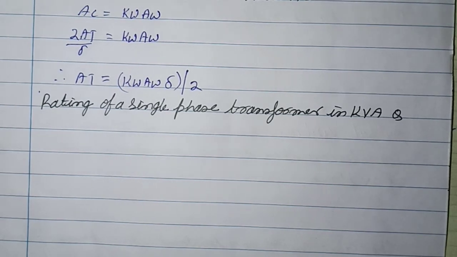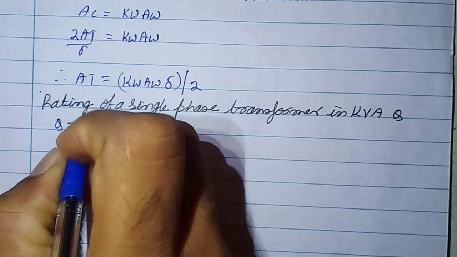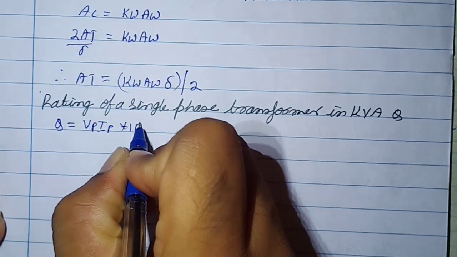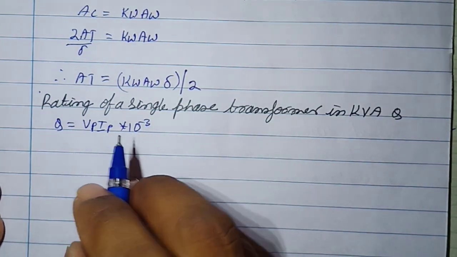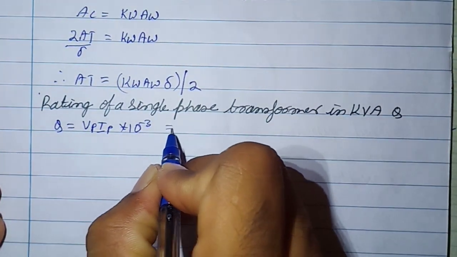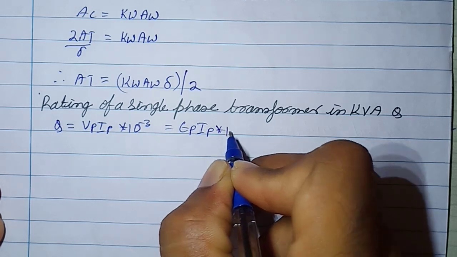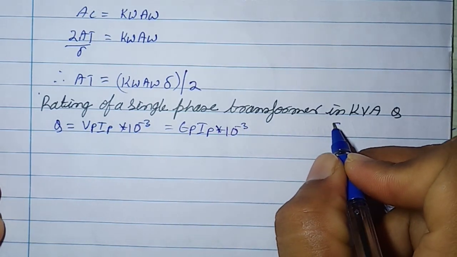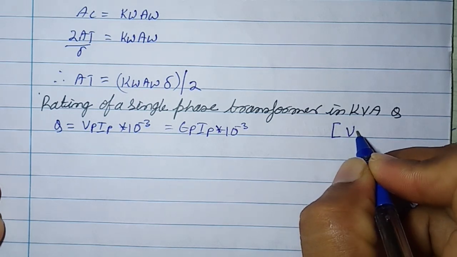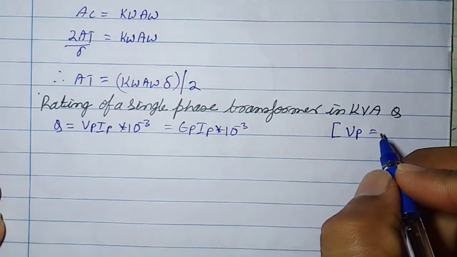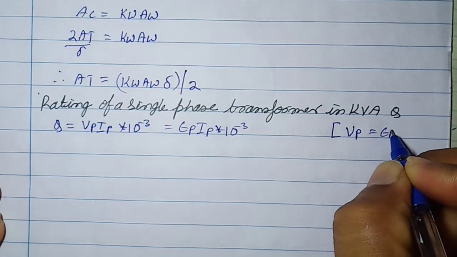The next one we have is the kVA rating of the single phase transformer, Q. So Q will be equal to Vp Ip into 10 raised to minus 3, because it is in kVA, kilo, that is why I have it. So this will be equal to Ep Ip into 10 raised to minus 3. It is always approximated that Vp is approximately equal to Ep.